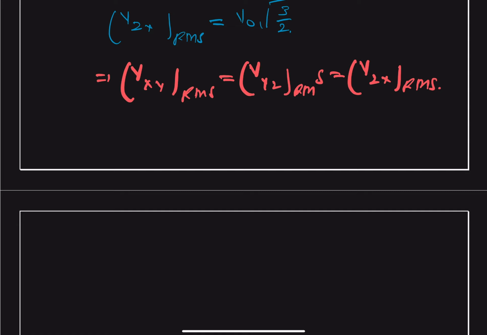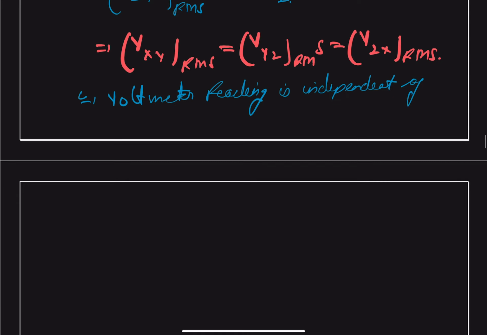So it means the voltmeter reading is independent of which terminal we choose. You can say voltmeter reading, because it is measuring RMS voltage, we can say voltmeter reading is independent of which two terminals we choose.